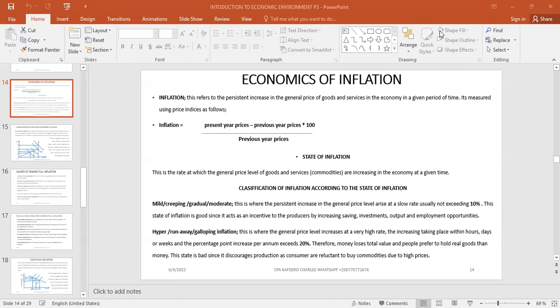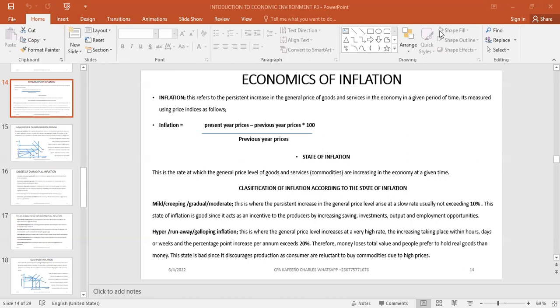So when we talk about the state, we are just giving the rate at which the prices are increasing in a given period of time, or the number of times the prices are increasing. This refers to the rate at which the general price level of goods and services or commodities are increasing in an economy at a given period of time.